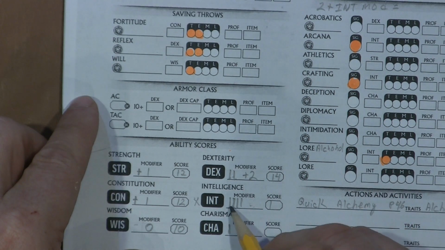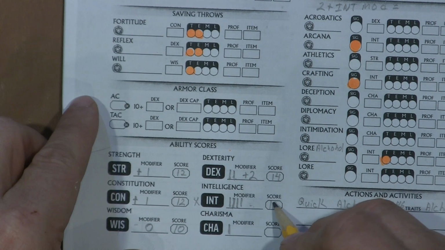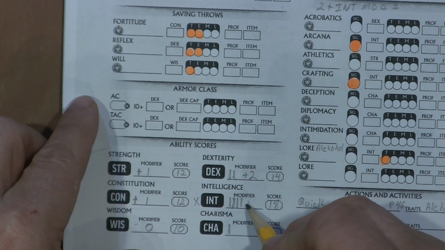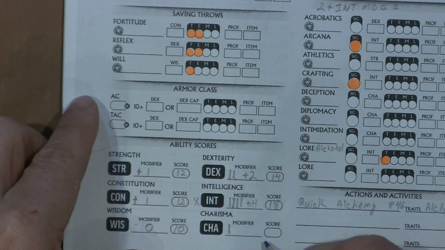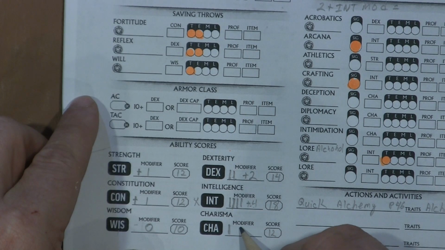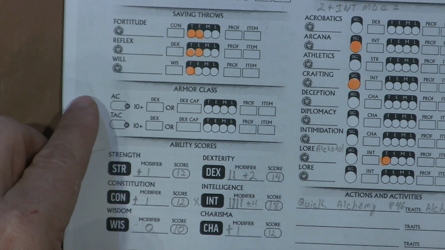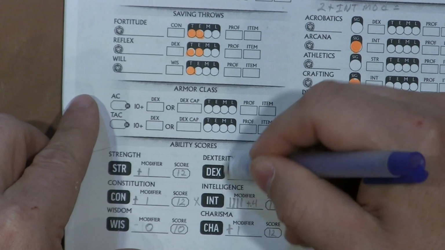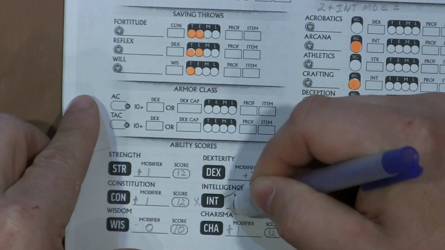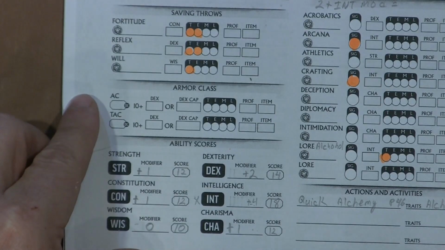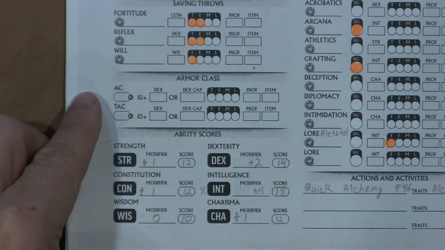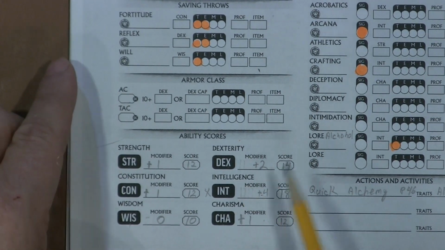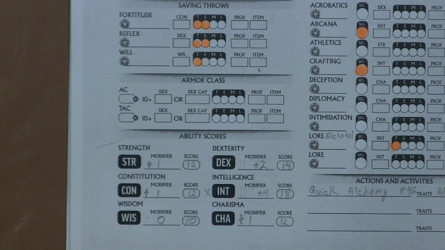We have 2, 4, 6, 8 for 18. That'll be a +4 modifier. And we have a 12 for a +1 modifier. Now, for those of you that have played Pathfinder, Dungeons and Dragons, the modifier table hasn't changed any. They use the same numbers.